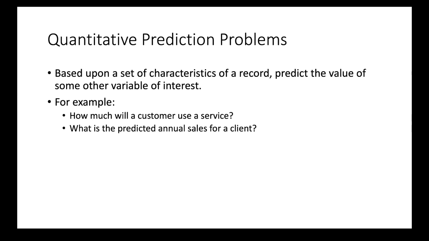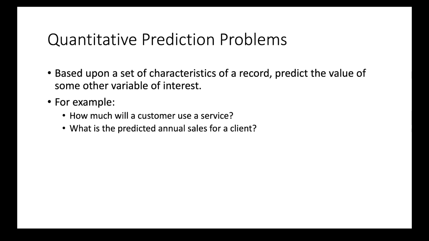Now, the other kind of problem that we're going to be working with are quantitative prediction problems, where we're looking for some value. Instead of saying, does this record belong in a 1 or a 0 or different kinds of groups, it's, hey, based upon these characteristics, maybe a person's credit score, how much of a loan should I provide that person?